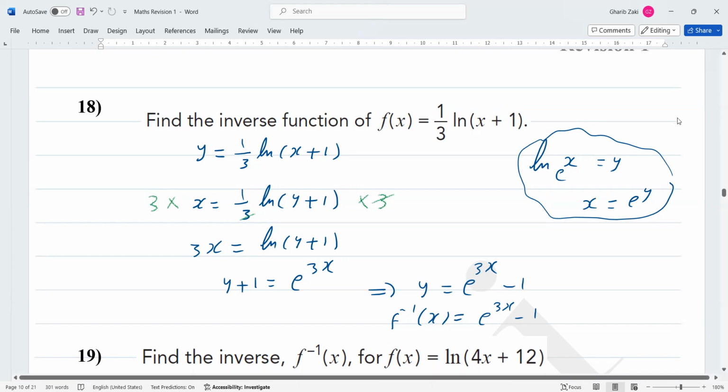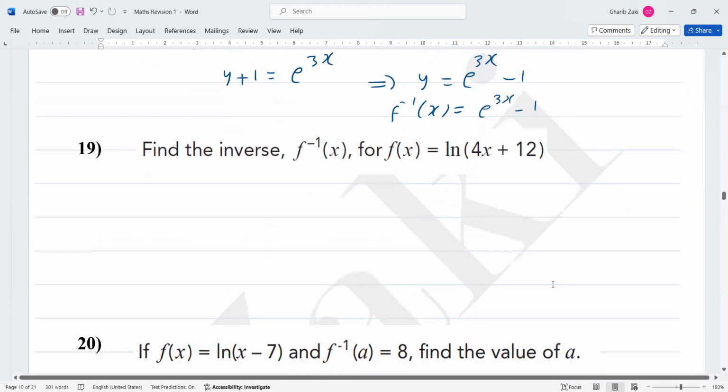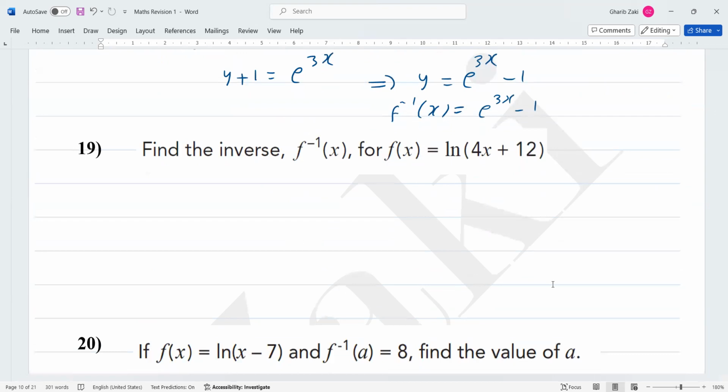Next, find the inverse. Try to solve this. Right? First step, we write y equals ln(4x plus 12). Change between y and x.